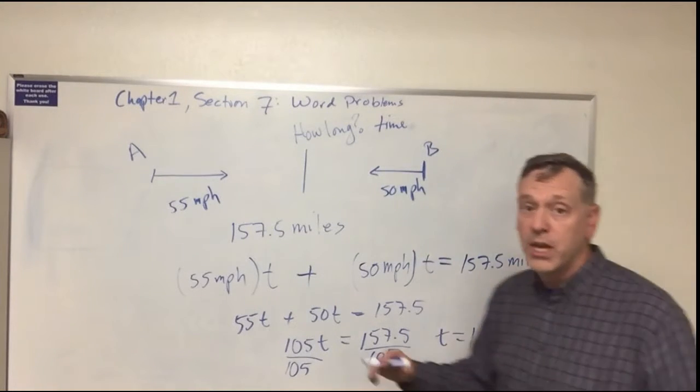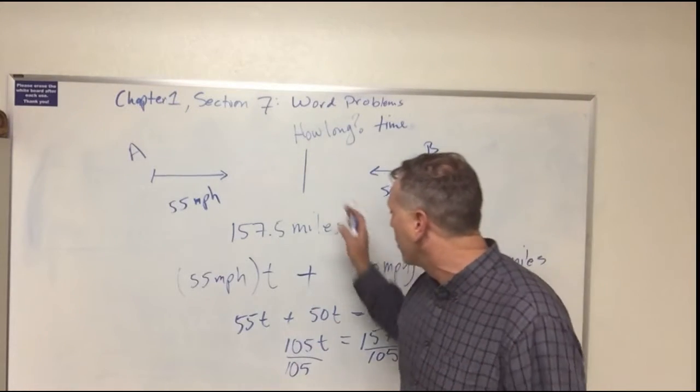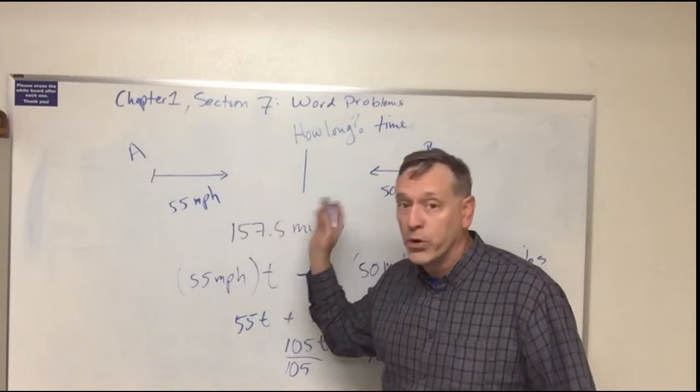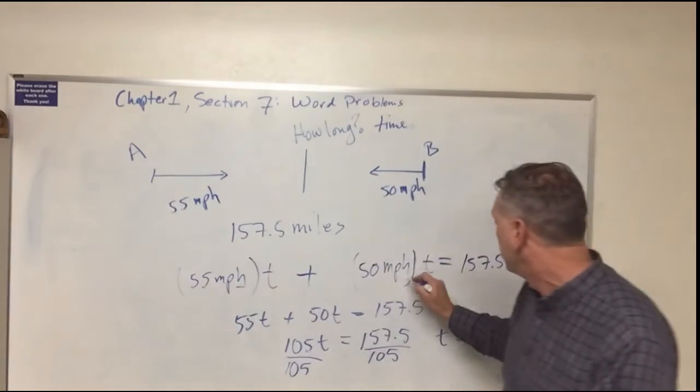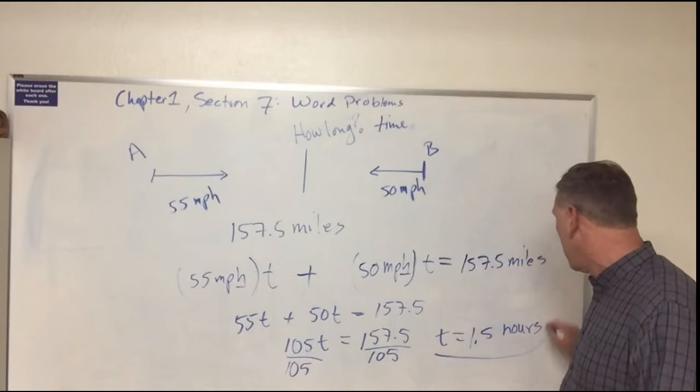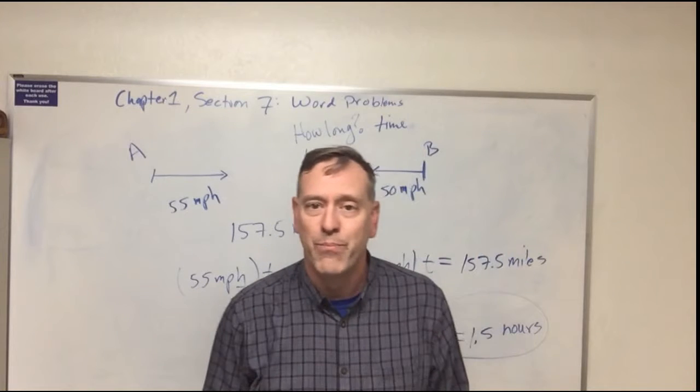Be careful that you know the actual measurement here. This is miles per hour, so this time is solved in hours because they're going 55 miles per hour. So the total is 1.5 hours. That's how long it takes until the two cars meet.